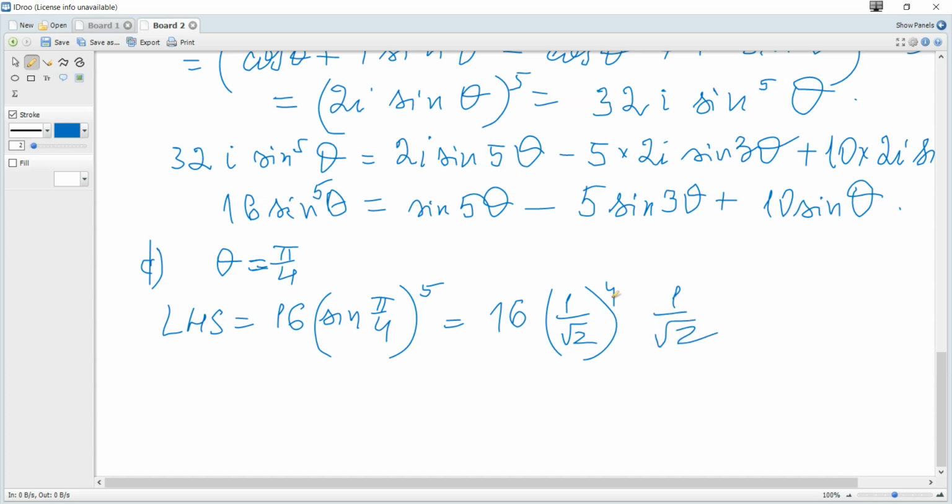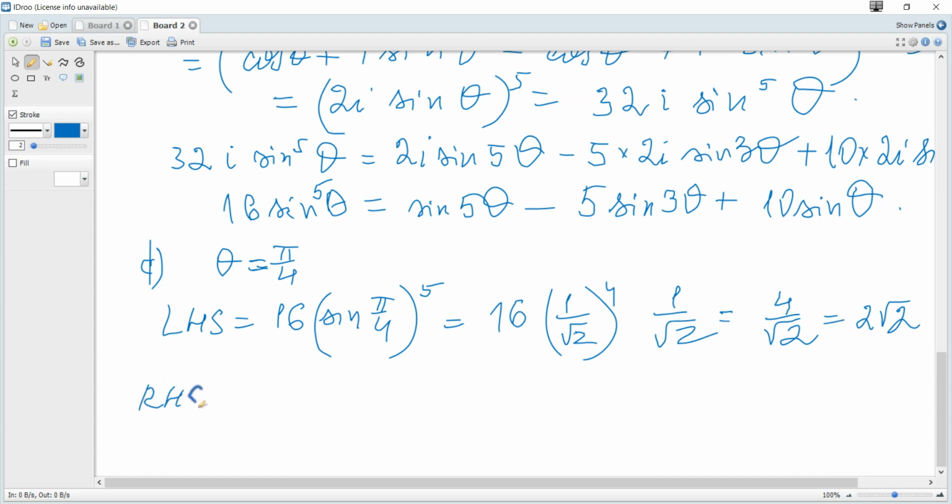To the power of 4 it's squared, so squared it's a half, and again a half, it's 1 over 4, so it's 4 over root 2, or 2 root 2, if we multiply numerator and denominator by root 2.